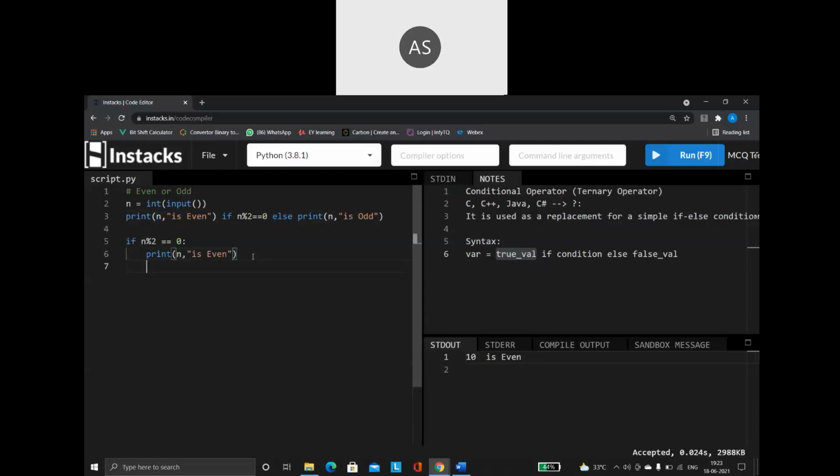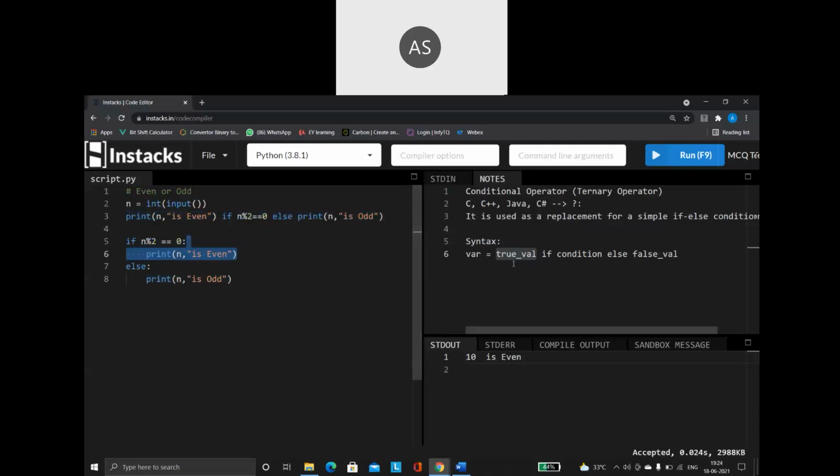Then I have to write another else colon again. So this comes to at least 4 lines of code. These 4 lines of code can be replaced in one single line using my conditional operator.